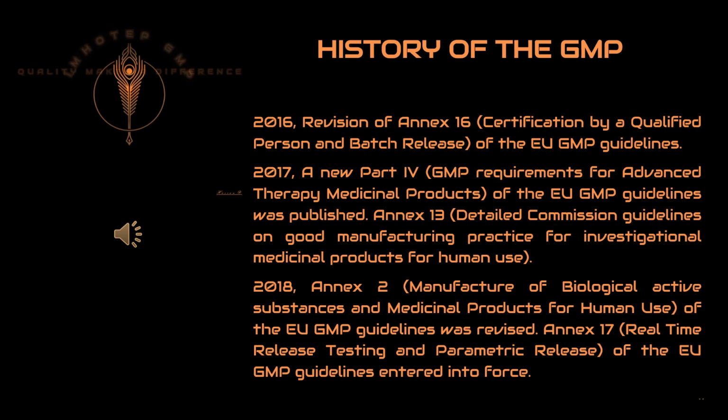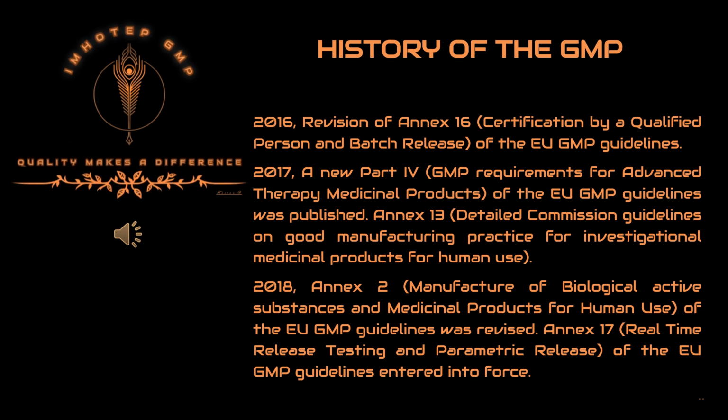Annex 13, Detailed Commission Guidelines on Good Manufacturing Practice for Investigational Medicinal Products for Human Use. 2018, Annex 2, Manufacture of Biological Active Substances and Medicinal Products for Human Use, of the European Union GMP Guidelines was revised. Annex 17, Real-Time Release Testing and Parametric Release, of the European Union GMP Guidelines entered into force.